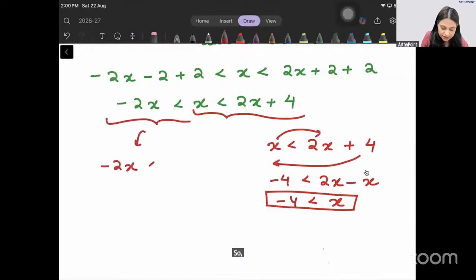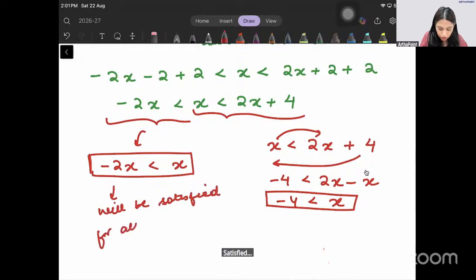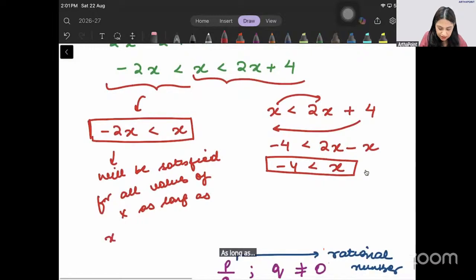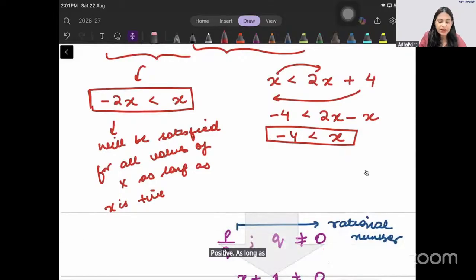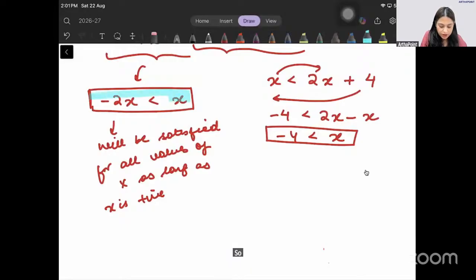And you can take this here. So minus 2x less than x. Just tell me that minus 2x less than x means this will be satisfied for all values of x as long as x is positive. अगर x positive है, x की कोई भी positive value डालोगे, so this equation will be satisfied.